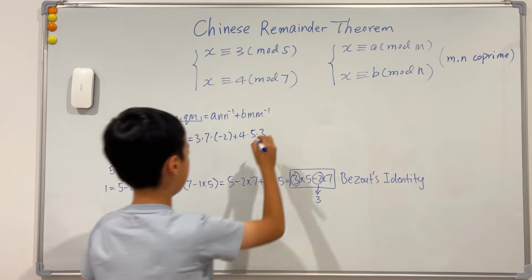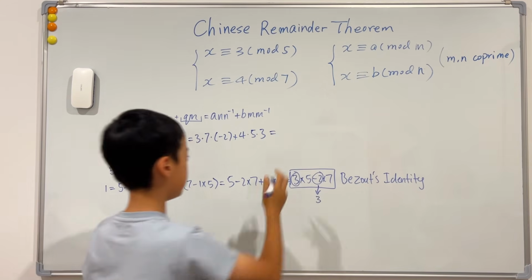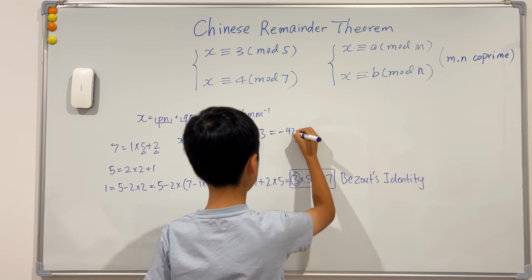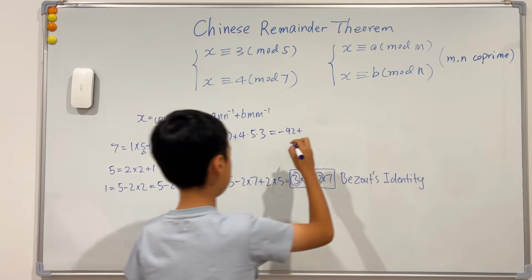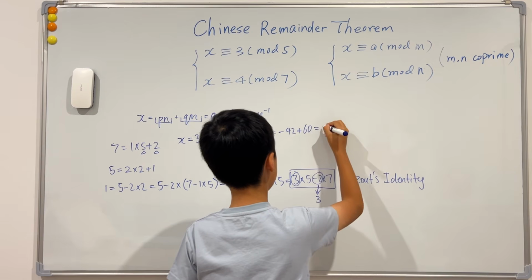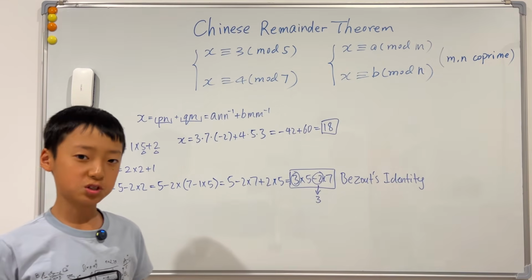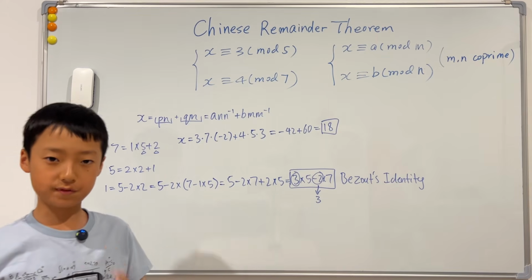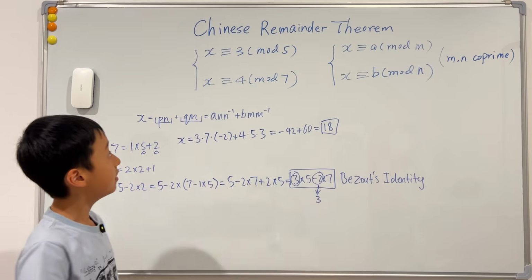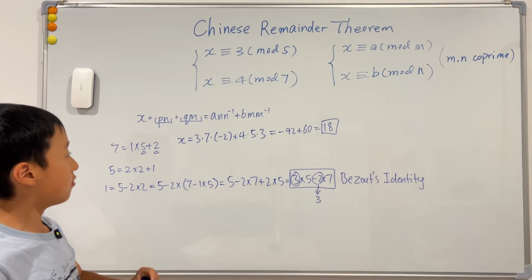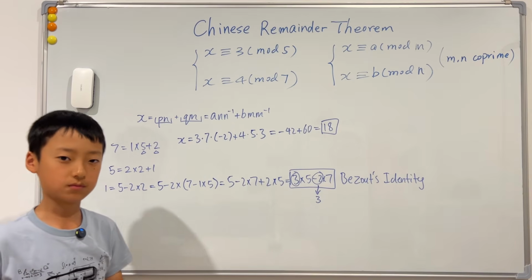So if we multiply this out, we will get 21 times negative 2 is negative 42, and then plus 4 times 5 is 20, times 3 is 60, and this is 18. So 18 is the smallest possible solution in mod 35. Okay, so x equals 18 is the final solution to this very interesting and powerful Chinese Remainder Theorem question.